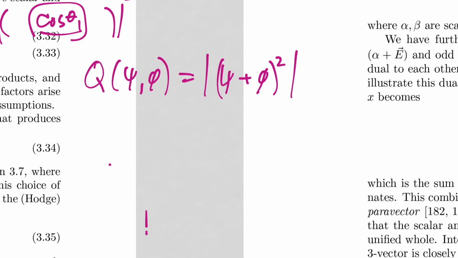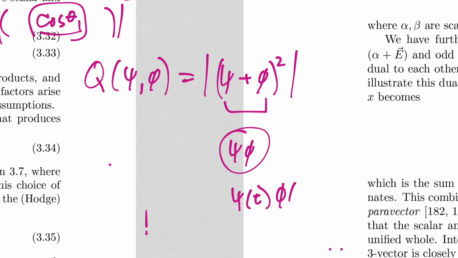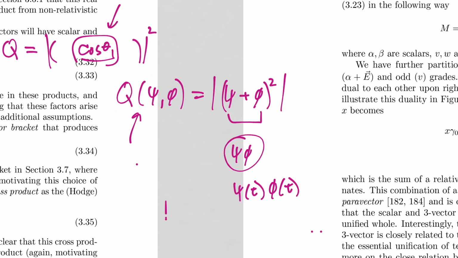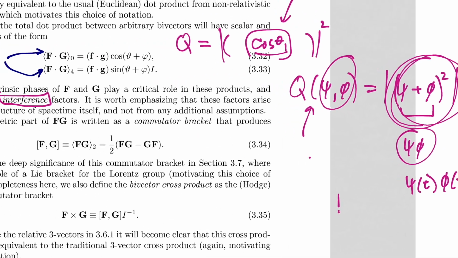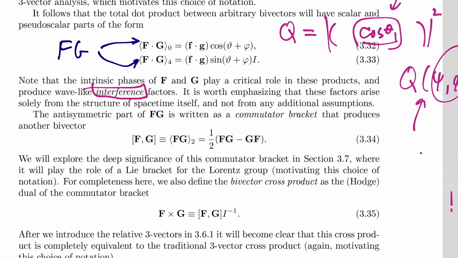And inside here, when you blow this up, you end up with some kind of term, psi phi perhaps, that has a sign change as these things depend on time. Usually psi is time dependent and phi is time dependent. And therefore, this guy actually depends on the interference between psi and phi. And that's manifested usually in something like this. That's your classic sort of physics way of doing it, right?